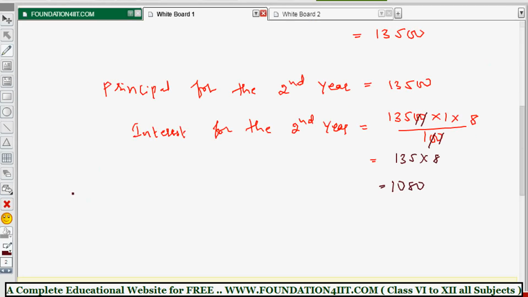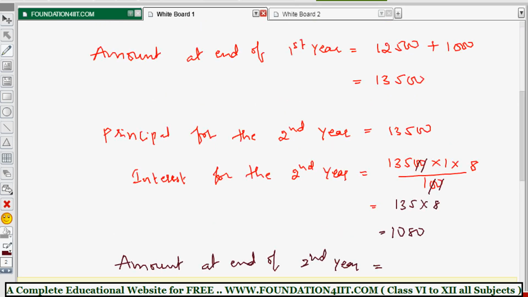Then we need to find out the final amount. Therefore, amount at end of second year. Whatever interest at the end of the first year is 13,500. Now for this, the interest is 1080. We should add that.